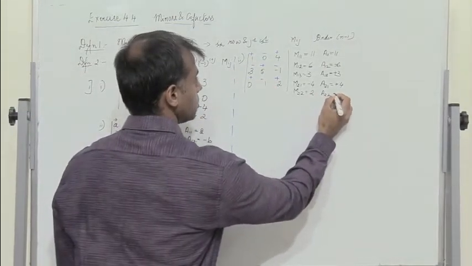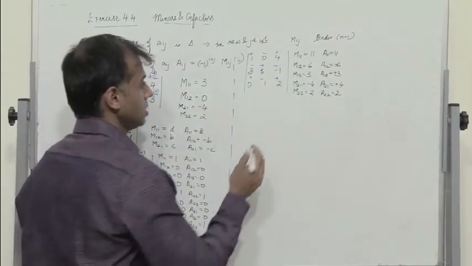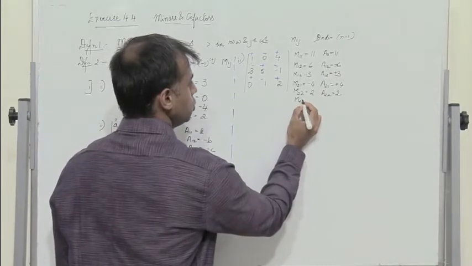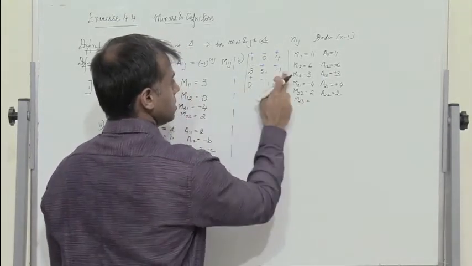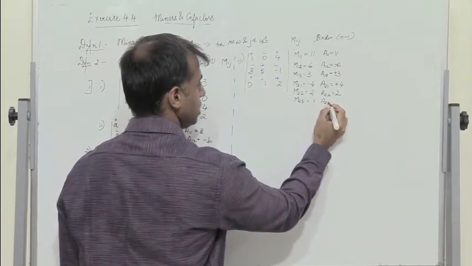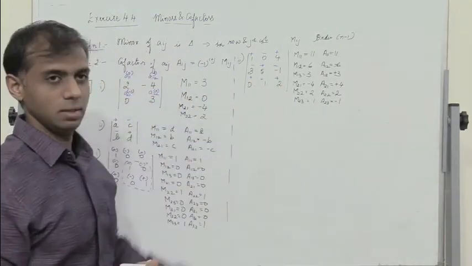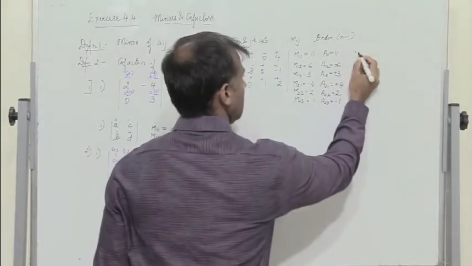So A22 is also 2 because I have a plus sign. Next, M23, the second row and the third column, I get 1, and A23 is definitely minus 1 because I have a minus sign here.